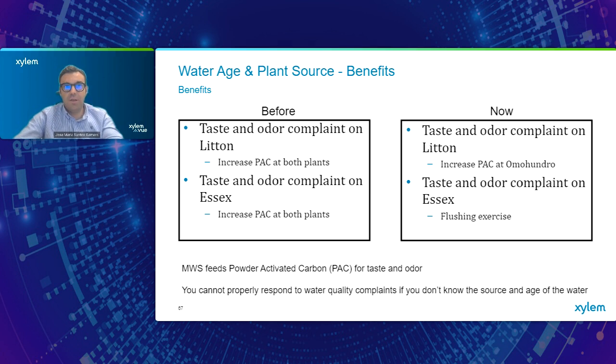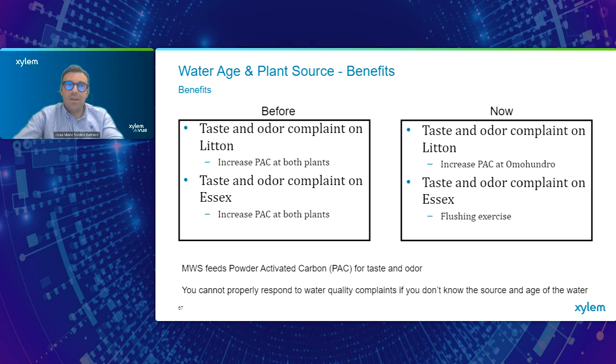So what could be the procedure? We can increase the PAC in one of the plants just to remove the problem at Lytton, and do a flushing exercise to get rid of the same complaint in the neighbor area. So the picture is very different and the solution is very different.